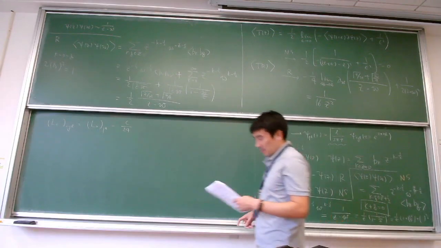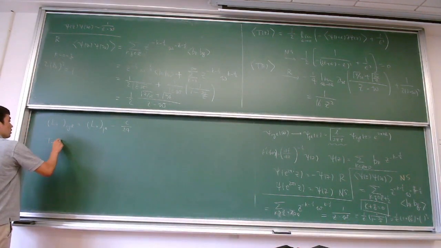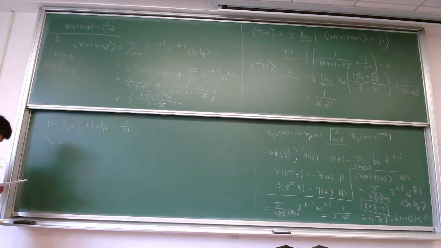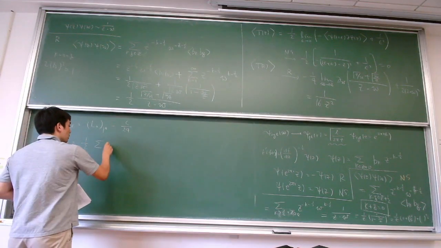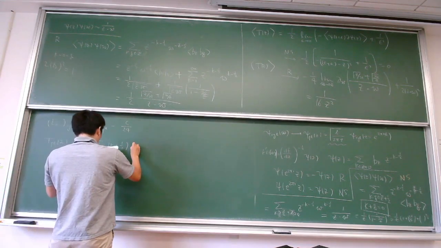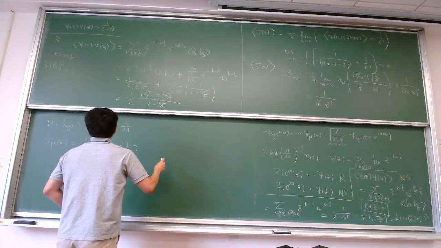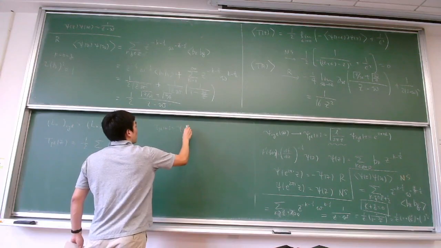So now, you just plug in. We know that T of the plane of z is equal to psi partial psi.